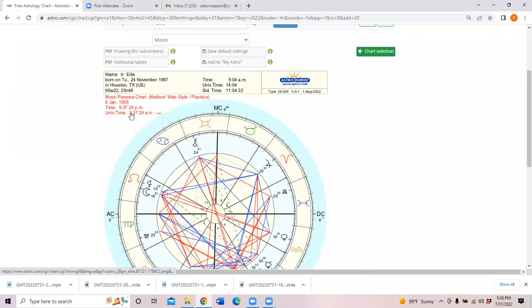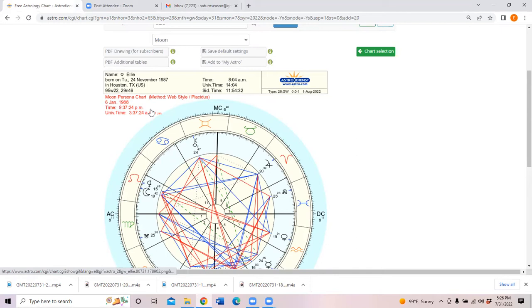Like here, it'll give you the date of that. So here, this is my moon persona chart for my natal chart. That happened on the 6th of January, 1988 at 9:37 p.m., and they have it set to Houston because that's where I was born.